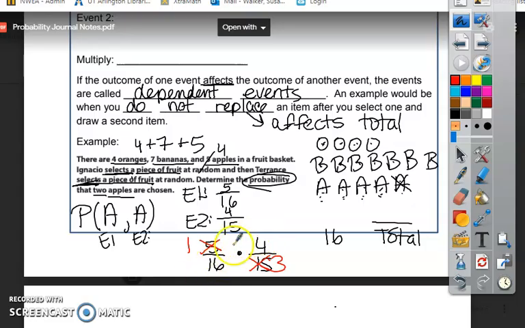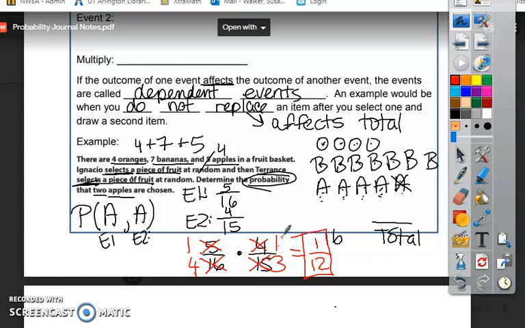You might have said 2, but we could also do 4, right? 4 divided by 4, 16 divided by 4, which is 1. 1 times 1, 4 times 3, 12. E1, E2, multiply. And this is my final answer.